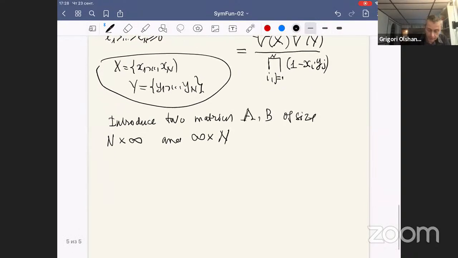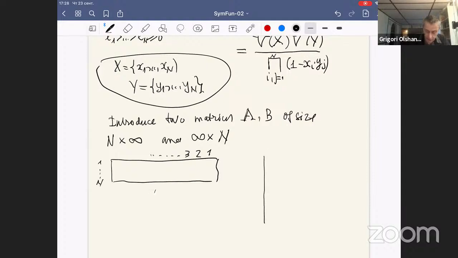So A is a matrix with infinitely many columns and n rows, and the columns are indexed in the reverse order by the numbers. And this is A, and this is B.